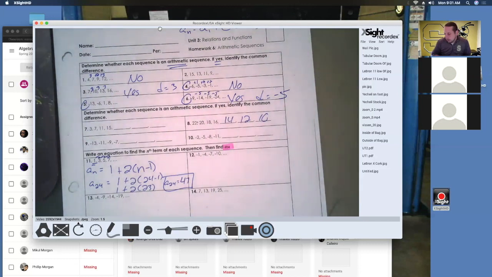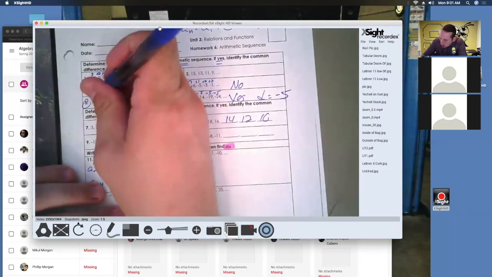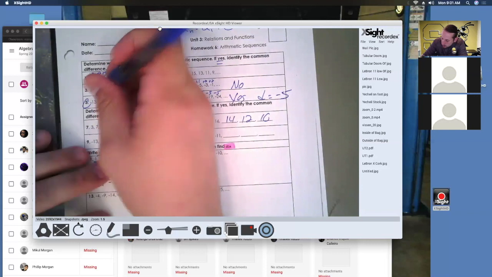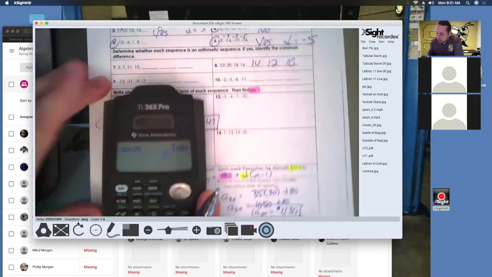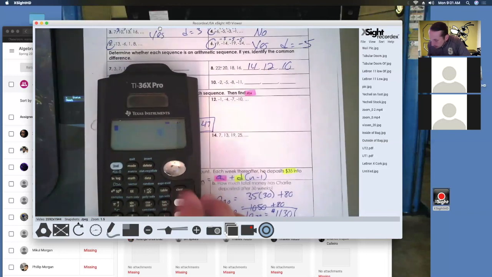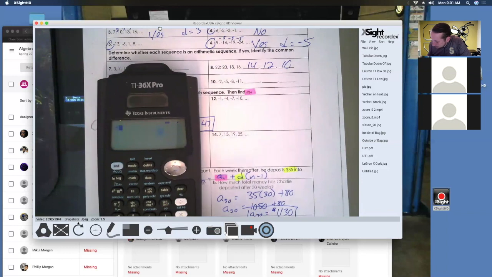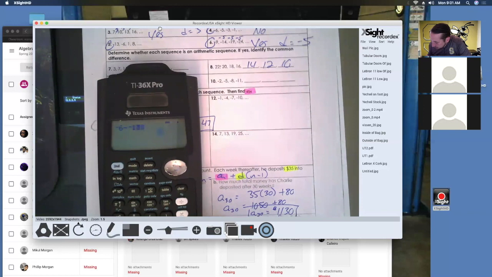How about number 5? Number 5, you add. Okay, so we're adding. Now if you just want to go through and do it in your calculator, you could do this a bunch of different ways. Usually you should do -6 minus -13.